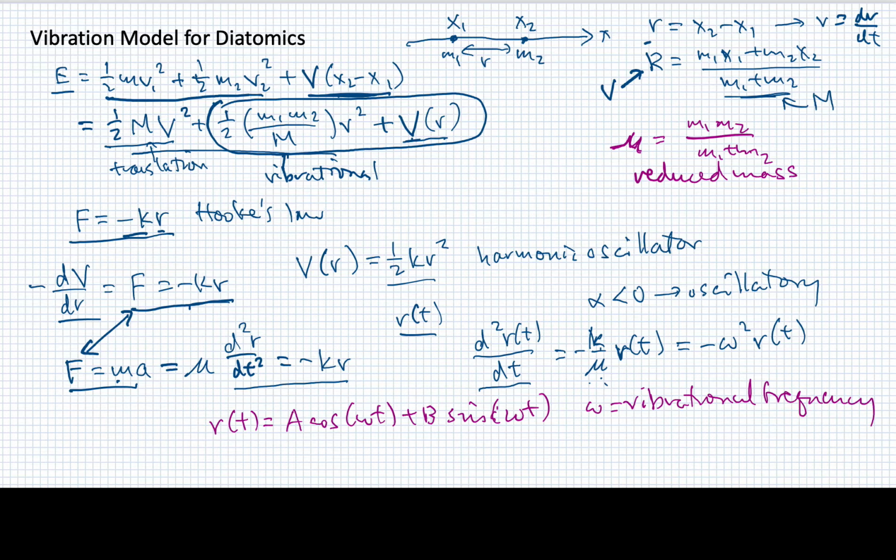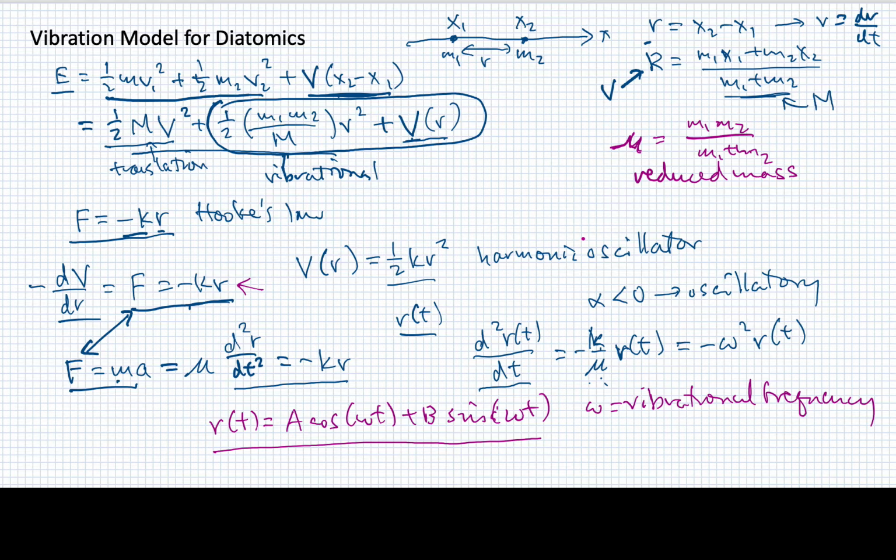So in essence, what we've done is we've taken two independent masses, hypothesized a linear restoring force due to Hooke's law, and that has enabled us to get a solution for the behavior of those two masses relative to one another using Hooke's law and the harmonic oscillator potential.